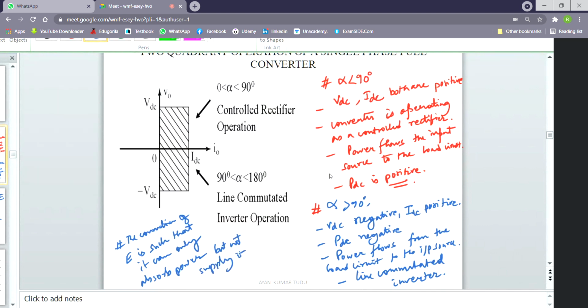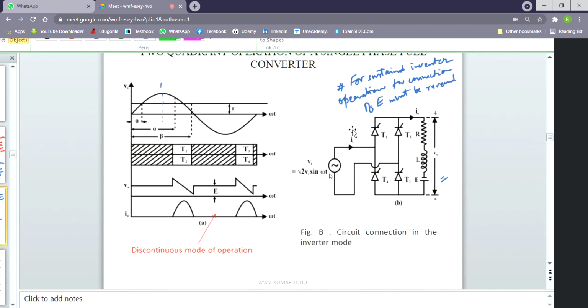Obviously this is for the rectifier mode of operation, with respect to the circuit I showed. But if we want inverter operation, for sustained inverter mode of operation, the connection of E must be reversed, as can be seen from here.